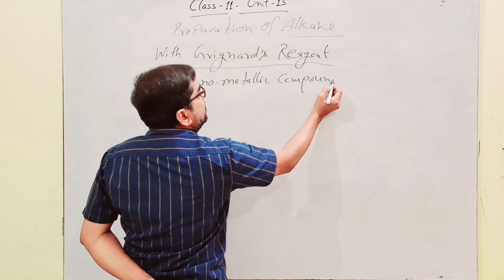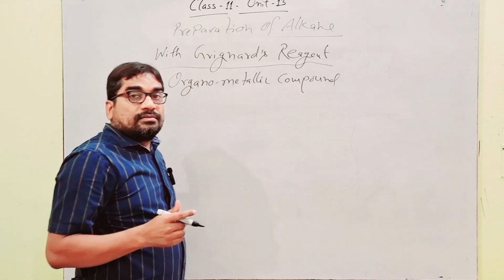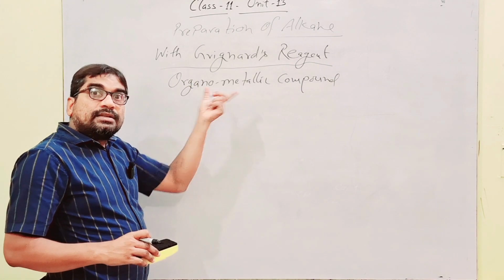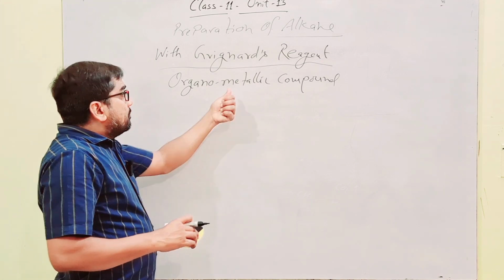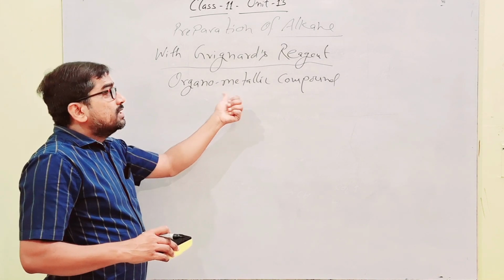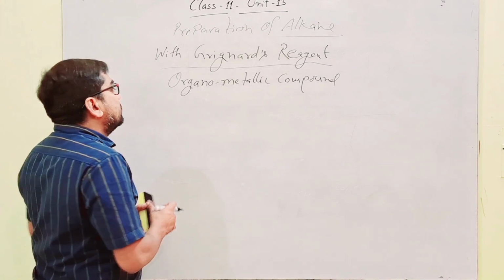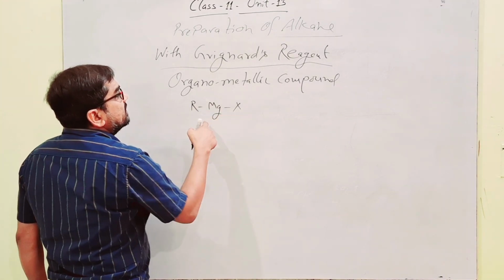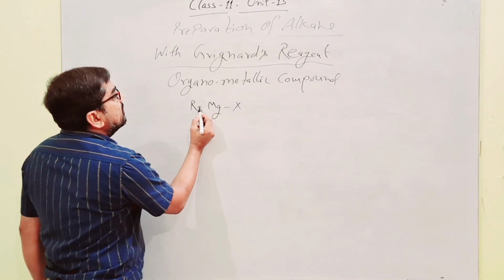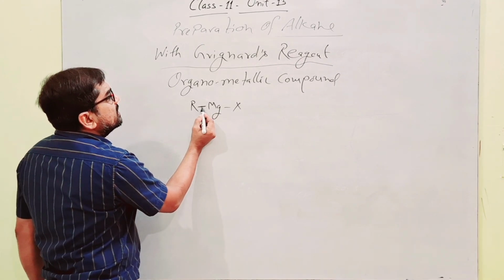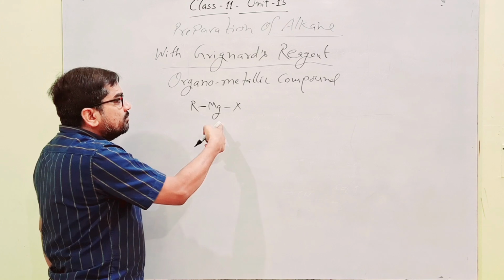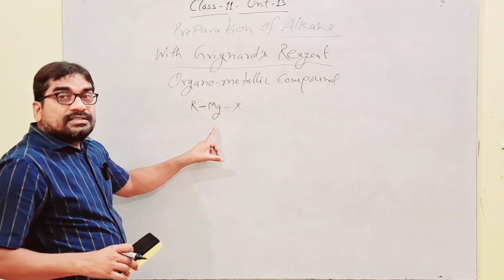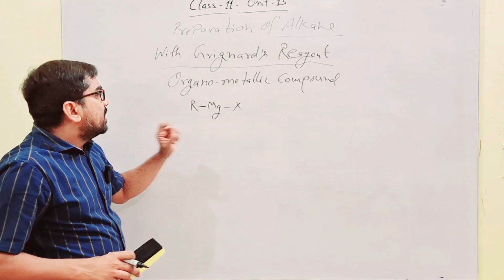Compounds where at least one metal carbon bond is present are called organometallic, like RMgX. This is called Grignard's reagent. Here magnesium metal is bonded with this alkyl, that is, a carbon metal bond is present. That's why Grignard reagent is an organometallic compound.